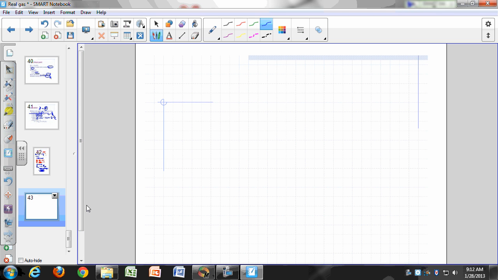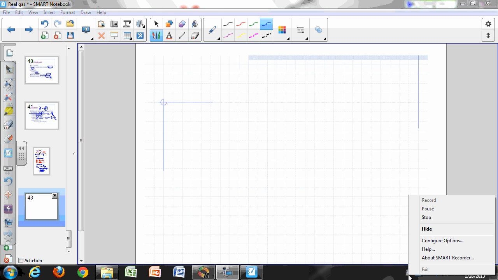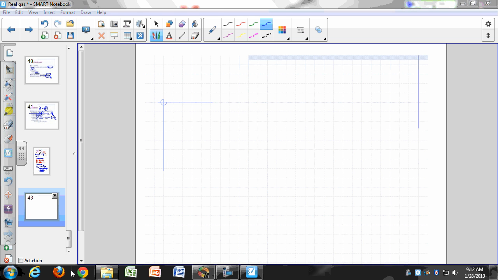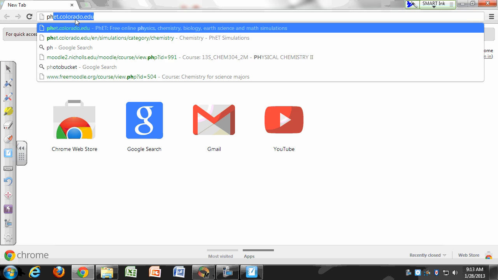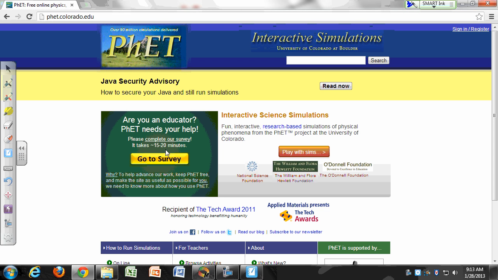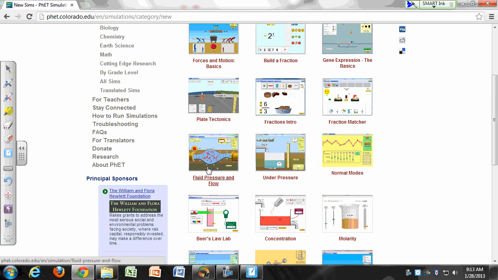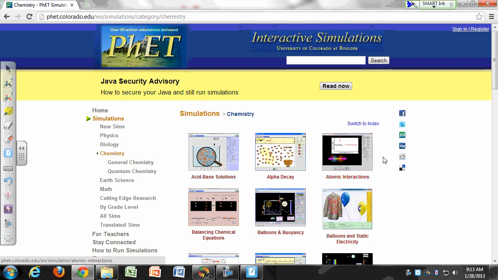So, let's see. Let me show you an animation that summarizes the interaction between two gas molecules. You can go to a website called phet.colorado.edu and you look for atomic interactions.